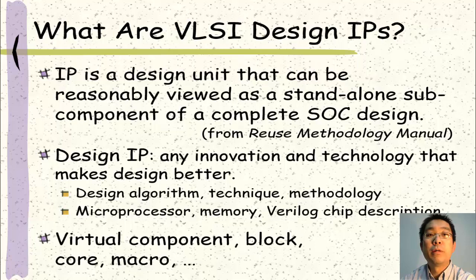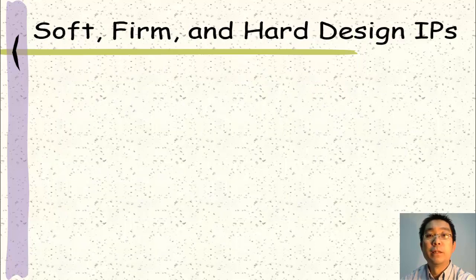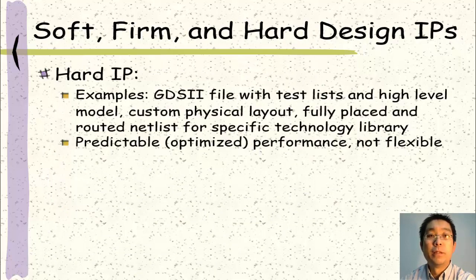Based on their performance and flexibility, design intellectual properties can be categorized into three groups. Hard IPs. They include GDS2 files with test lists and high-level models, customer physical layout, fully placed and routed netlist for a given particular technology library. These hard IPs have predictable performance and most of the time optimized, but they are very, very inflexible.